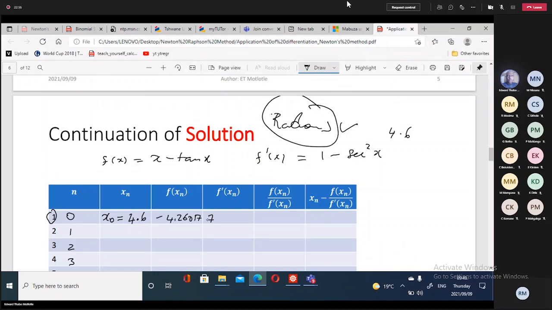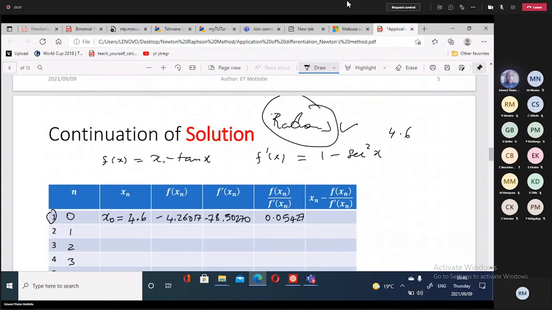I end up with minus 78.50270, and substituting into this ratio or fraction, I end up with 0.05427. You can check if I'm getting the same answers.